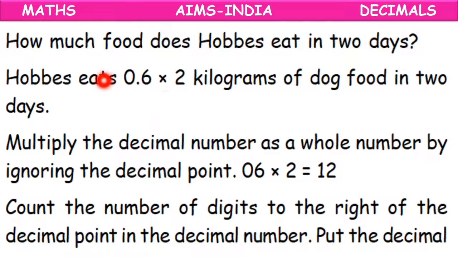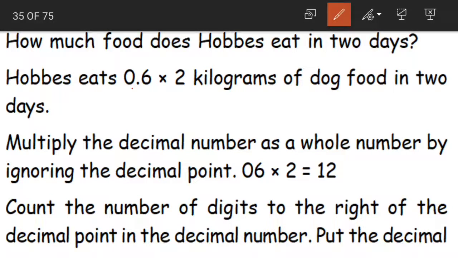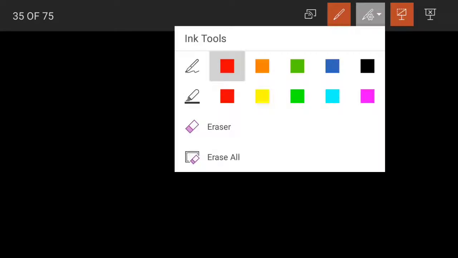What are they saying? Hobbs eats 0.6 kilograms in one day. We have to find out how much he eats in 2 days. How will we find out, children? Into 2. Yes, 0.6 into 2 will give us the amount of food that Hobbs eats in 2 days.